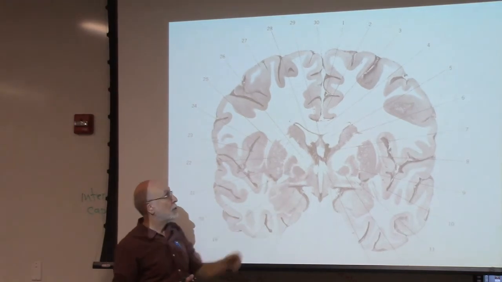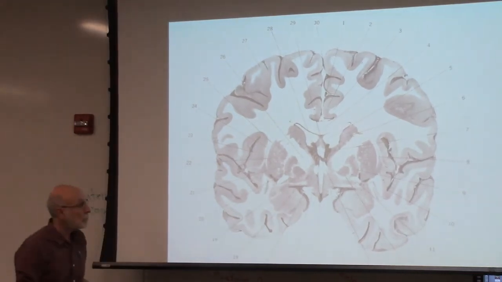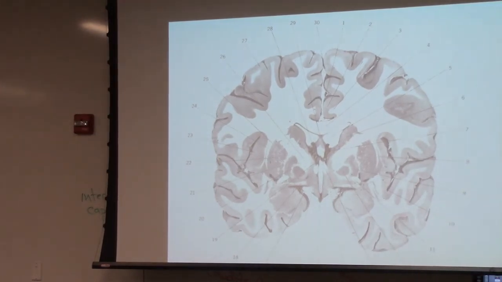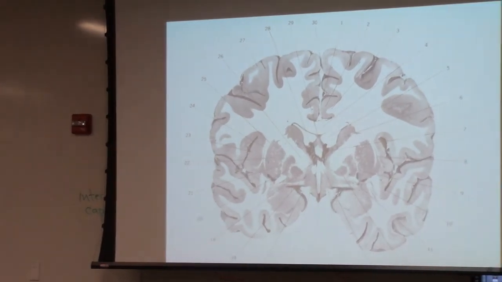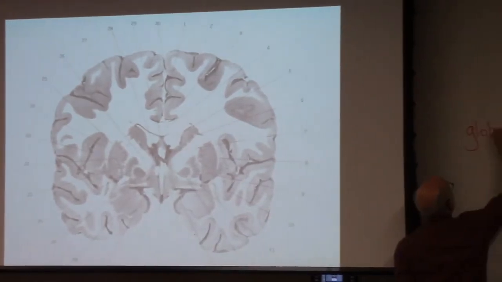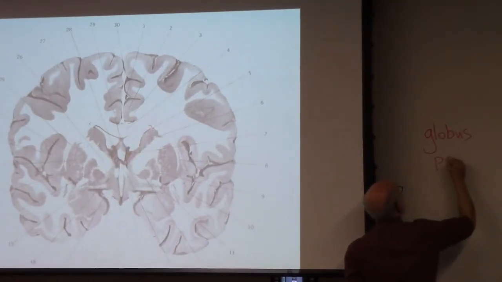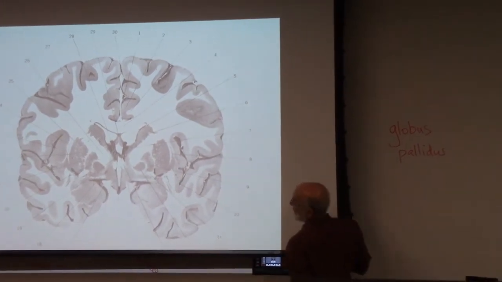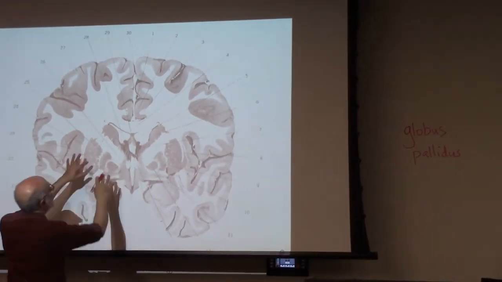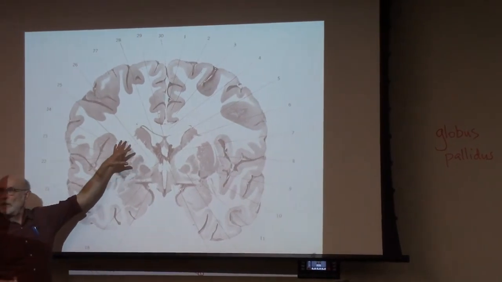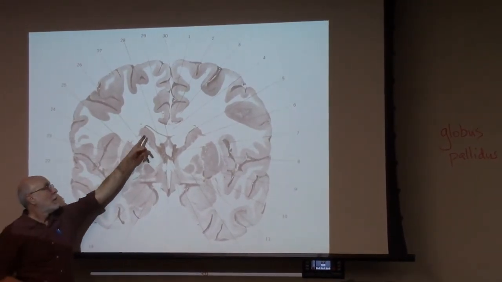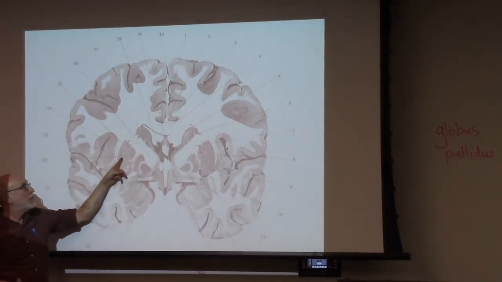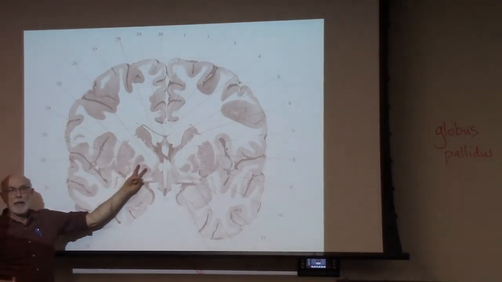And these two structures have a name: globus pallidus. If you see a coronal section with this sort of beautiful stripy structure, caudate, internal capsule, putamen, globus pallidus.